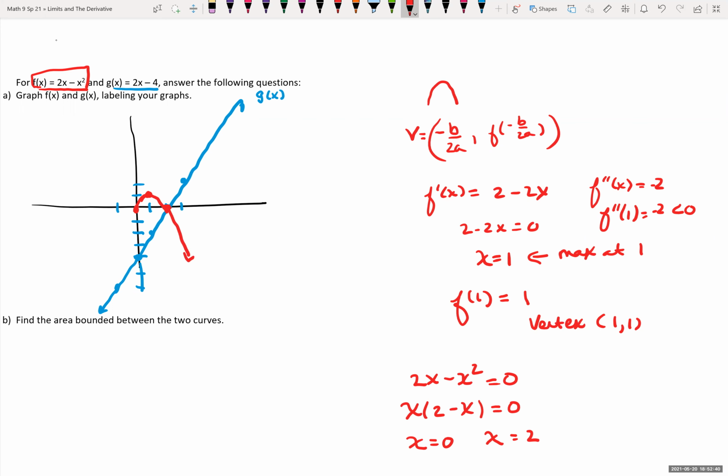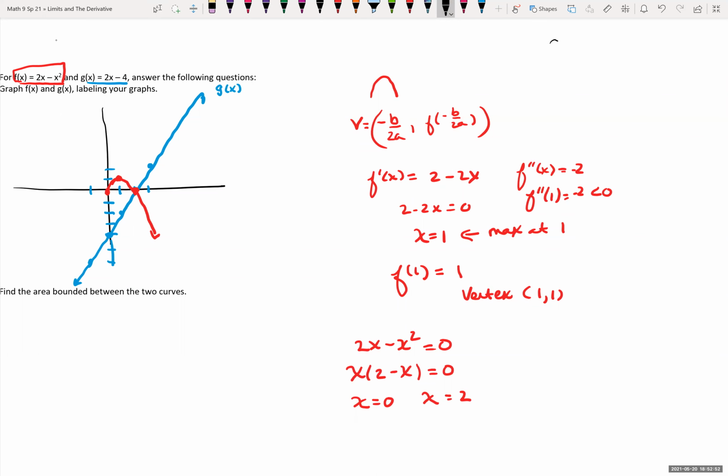We want to find out when these are both intersecting each other. I can see by just the graph that it is at x equals 2, but let's look at the other value. So setting both of the functions equal to each other, we're looking at when is 2x minus x squared equal to x minus 4. Let's get everything to one side of the equation. If I add x squared to both sides and subtract 2x, I get positive x squared.